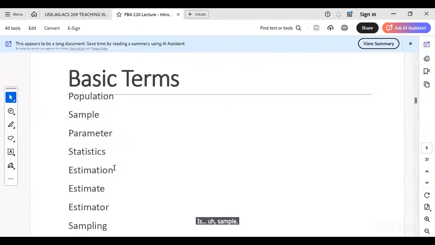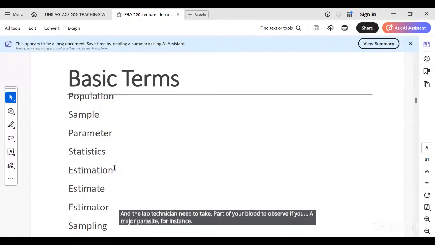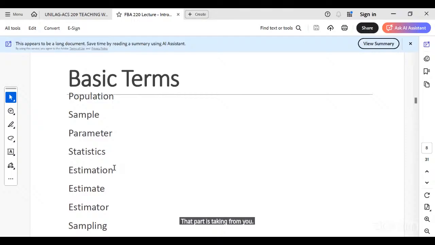So if you go for a medical test and the lab technician needs to take part of your blood to observe if you have malaria parasite, for instance, that part that is taken from you is the sample, while the entire blood in you is the population. So that fractional part, that subset of the population, is what we refer to as sample.